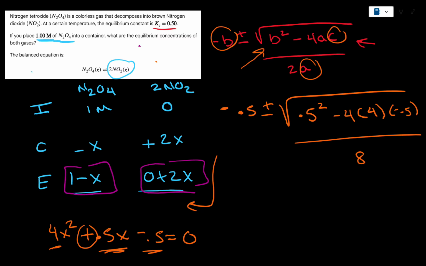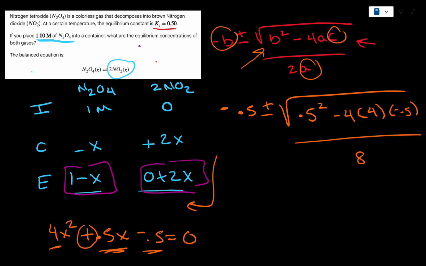Okay. And now we can just put this all in our calculator. First we're going to square 0.5. So 0.5 times 0.5 equals 0.25. Then we're going to subtract 4 times 4 times negative 0.5.